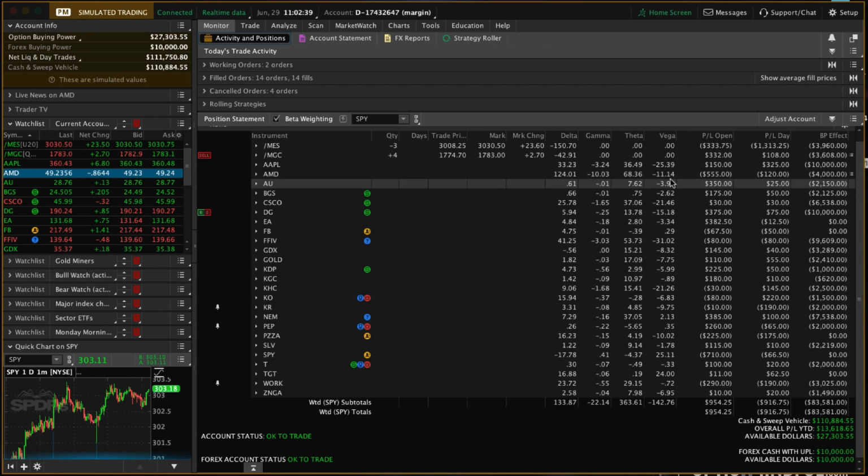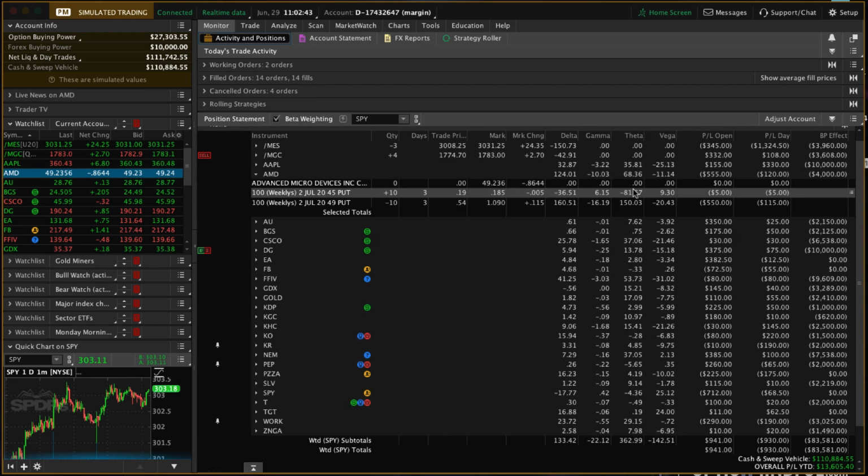I see it's losing 120 today, so I'm losing quite a bit of money on that sold put. The put I bought is not bringing me much money either. So I'm in quite a bad situation. Sold 10, bought 10.